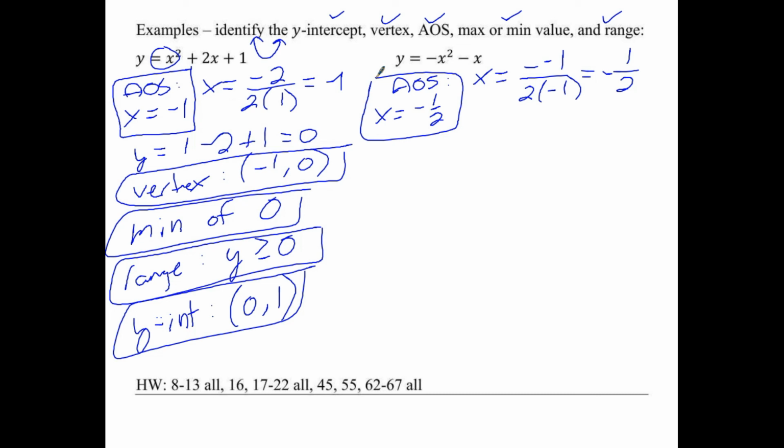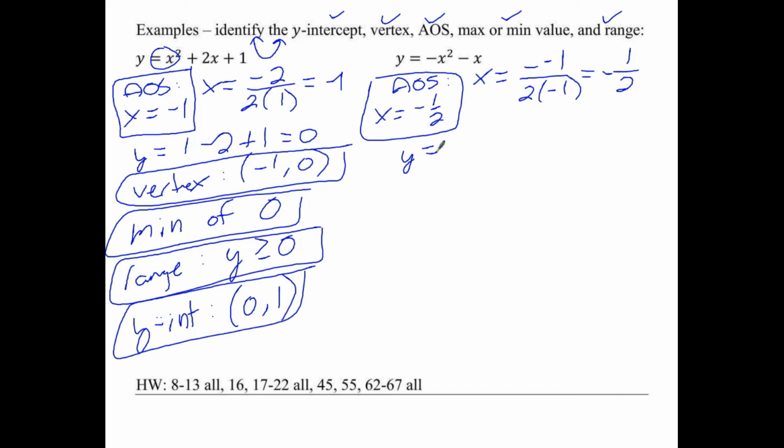Okay, it's a fraction. It's a bummer. We still have to work with it, and it's not a big deal. So what do we do now? Plug it in. So y equals, now, with all these negative signs and the fact that we're dealing with a fraction and the fraction is negative, I'm going to write it down. I'm not going to try to evaluate this thing in my head, which means that you probably should also.